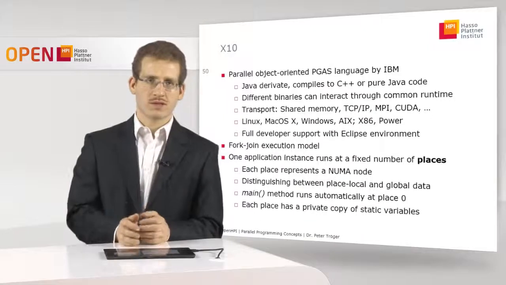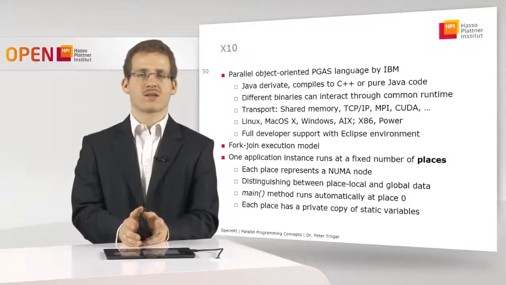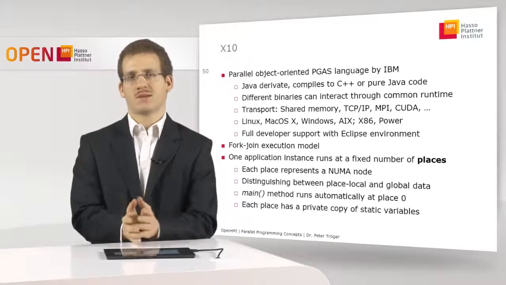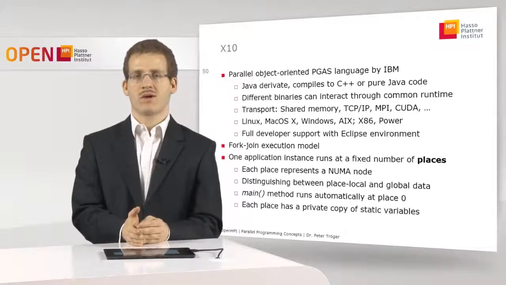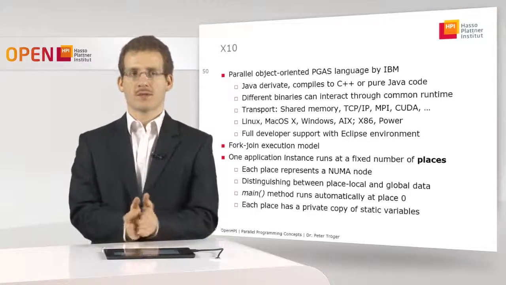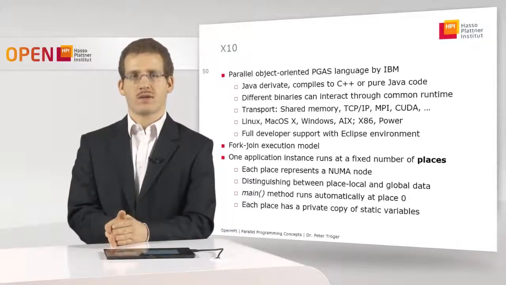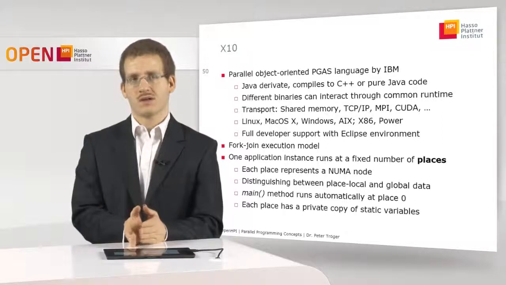So let's talk about X10 in order to see one example for a PGAS language, in order to grasp how they want to exploit the NUMA capabilities of the underlying hardware. So X10 is a parallel object-oriented language. It's developed by IBM Research and it's derived from Java, similar to Scala.